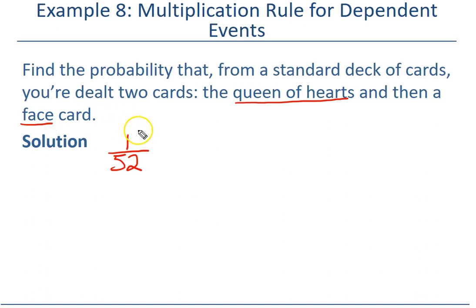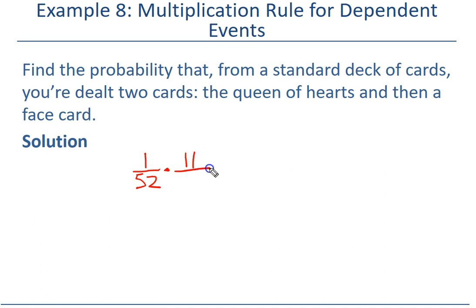Now, is the Queen a face card? Yes. So if you picked out the Queen of Hearts out of 52, how many face cards do you have left now in the deck? Well, you don't have 12 anymore because you've picked out 1. So you will have 11 face cards remaining. But now, as part of our conditional, you now only have 51 cards left in the deck.